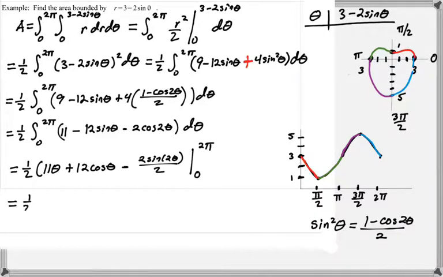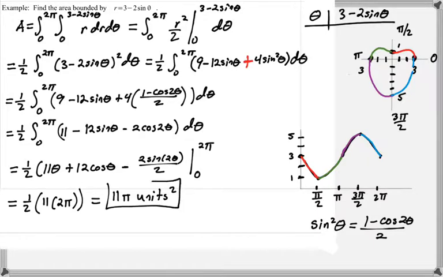So it's going to be 1/2 times 11 times 2 pi, and that's going to be 11 pi units squared. The rest of it is not going to matter, but I'll show you why. If we look at the cosine, we have 12 cosine of 2 pi minus 12 cosine of 0.